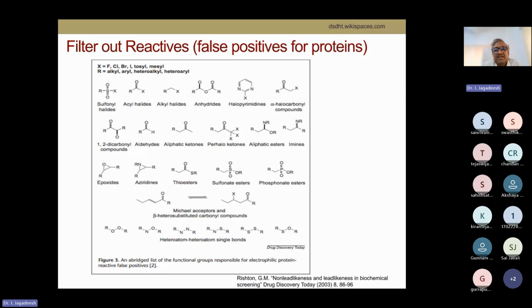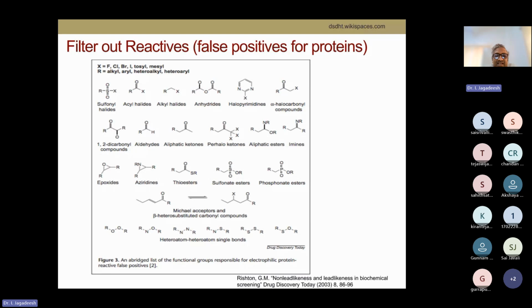perhaloketones, imines, epoxides, which are highly reactive, aziridines, thioesters. These groups, sulfonates and phosphonates, are also going to be a problem. Michael acceptors and heterosubstituted carbonyl compounds will most of the time have keto-enol tautomerism, and they make their functionality based on whatever R group is present there.